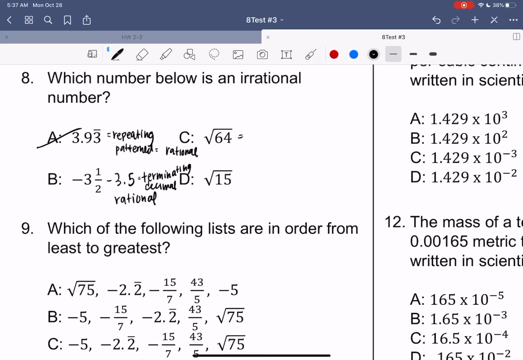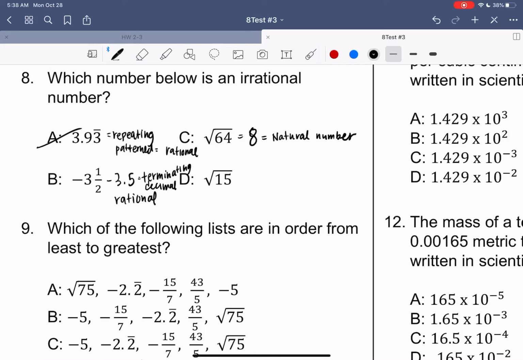And this one, the square root of 64, is 8. And so this is going to start as a natural number. So we're only left with the square root of 15.